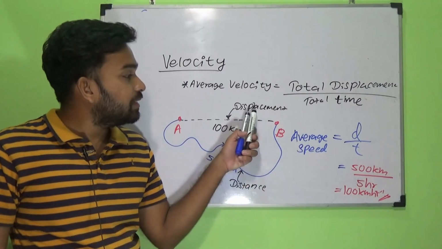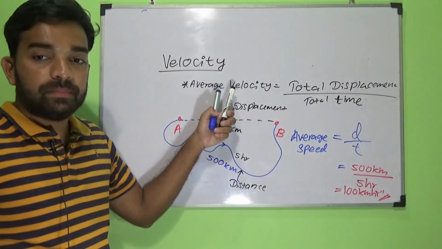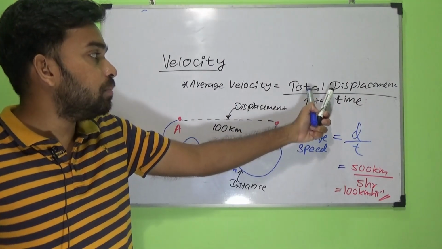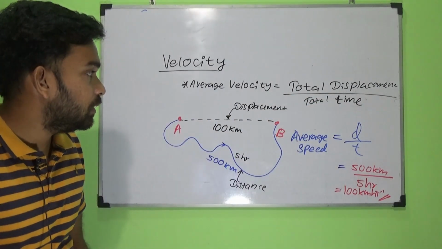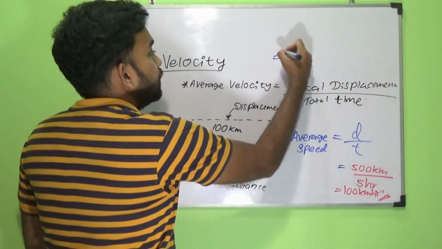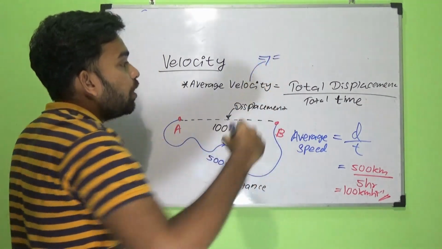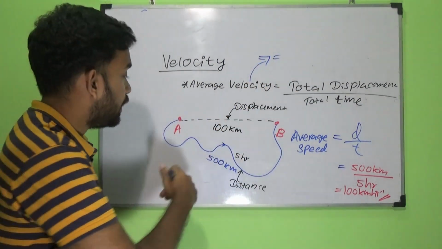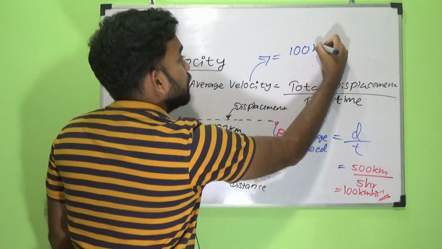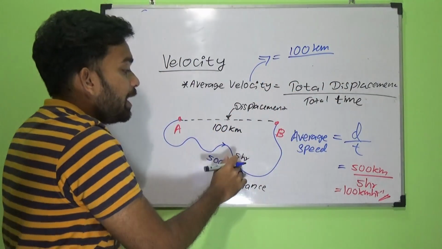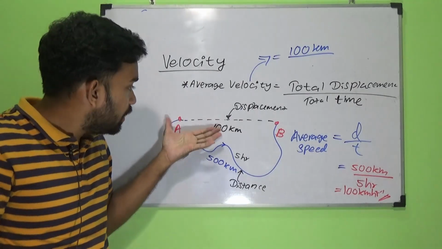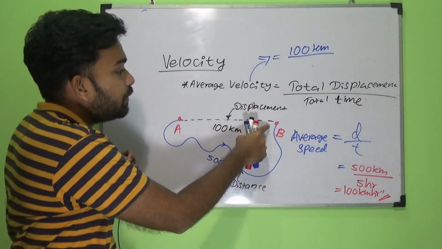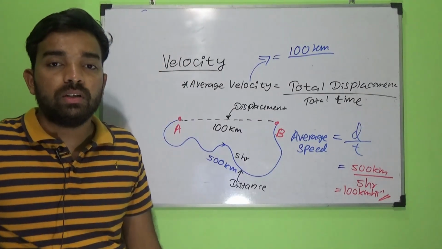But if you consider the average velocity, the average velocity is total displacement divided by the total time. The total displacement is 100 kilometers, and the total time taken is still 5 hours. This is the displacement: started from here, finished here.